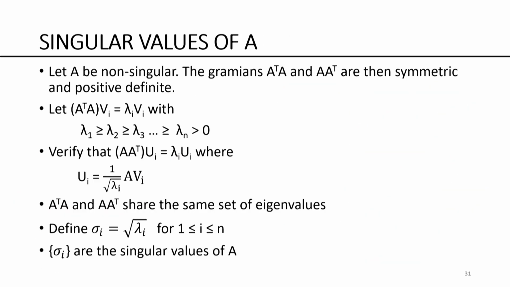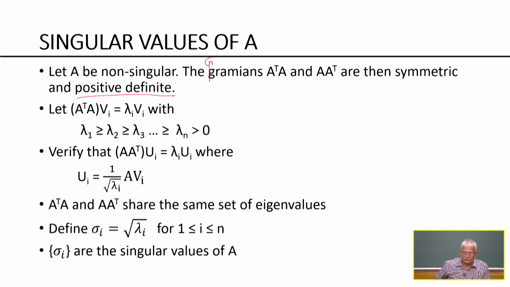Now singular values. If A is a non-singular matrix, I have two Gramians, A transpose A and A A transpose. This Gramian I would like to be capital G. They are symmetric matrices. If A is non-singular, both of them are symmetric and positive definite. So if it is symmetric and positive definite, it must have eigenvalues.